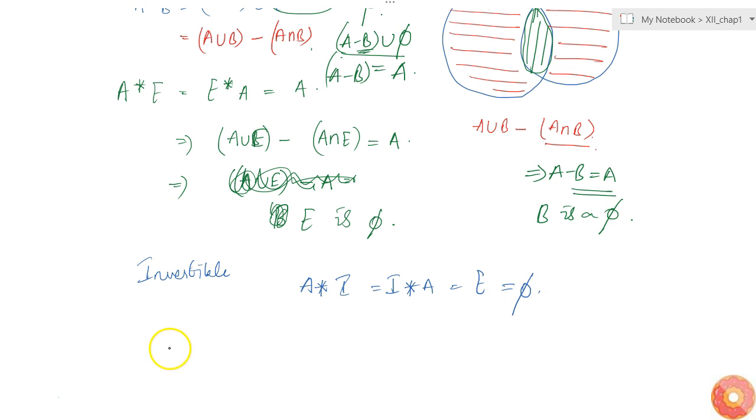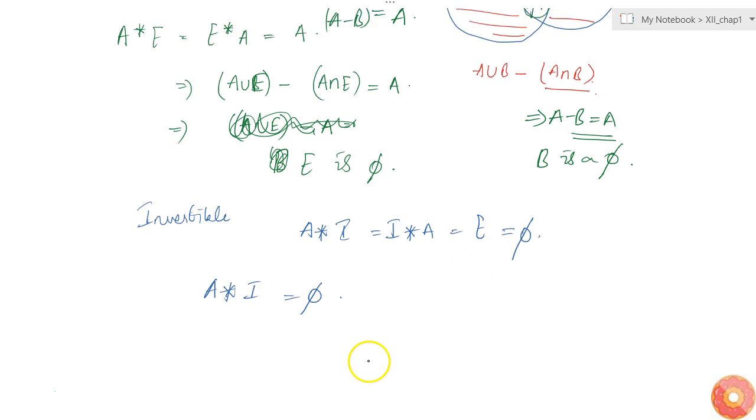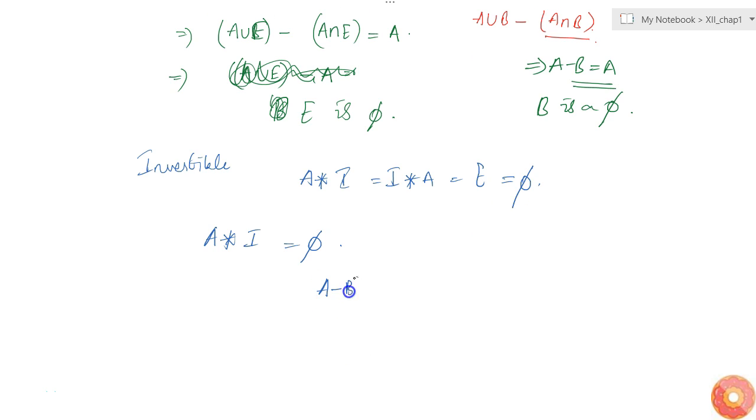So that means A star I is equal to phi, which means A minus I union I minus A is equal to phi. Or simply putting, A union I minus A intersection I is equal to phi.